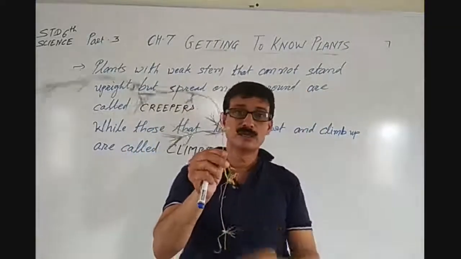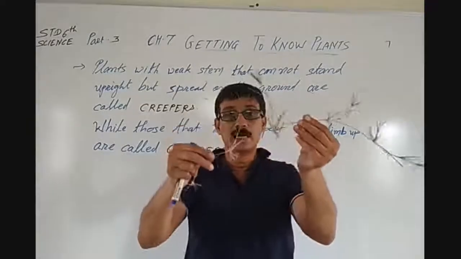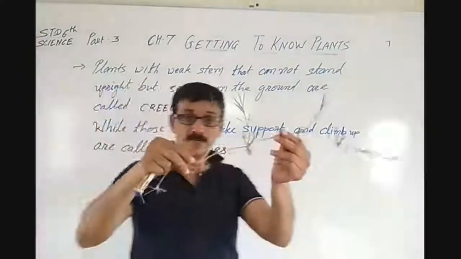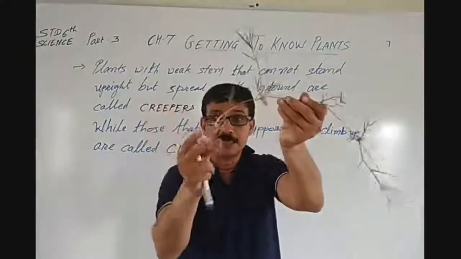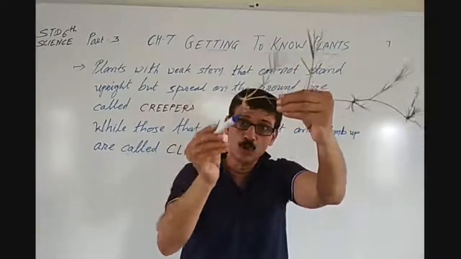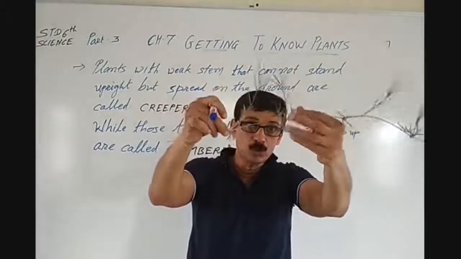It cannot stand upright on the ground. That is why what will it do? It will grow. It will spread on the ground. It will spread, and here you can see the roots. Here you can see the root of this plant. Here also you can see root.